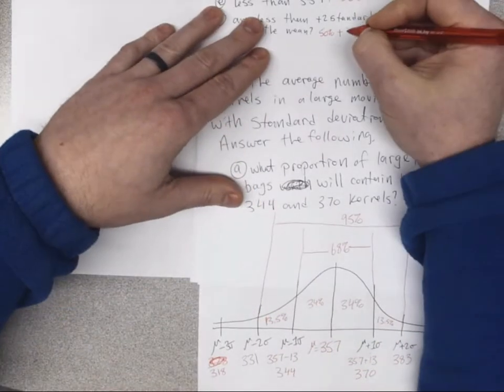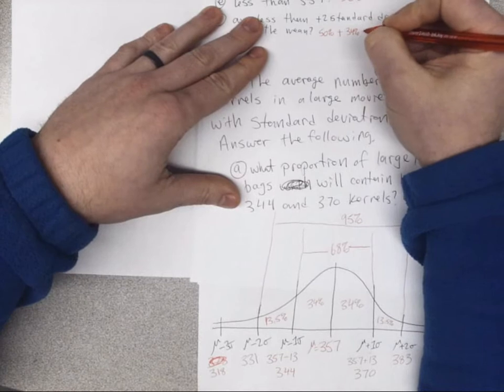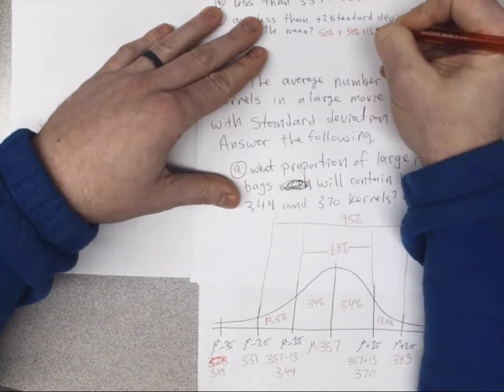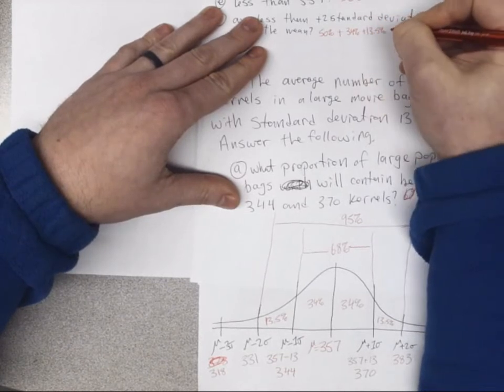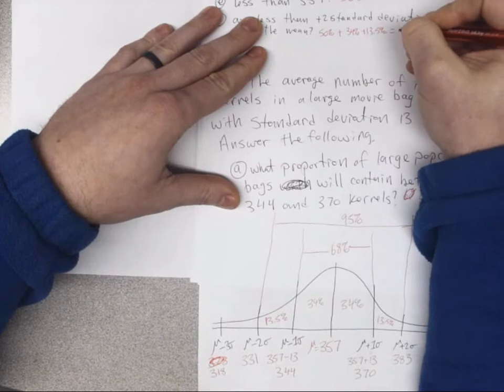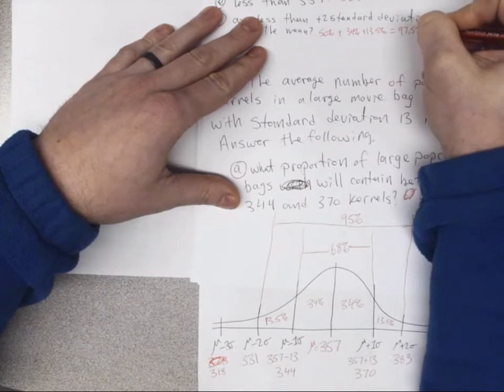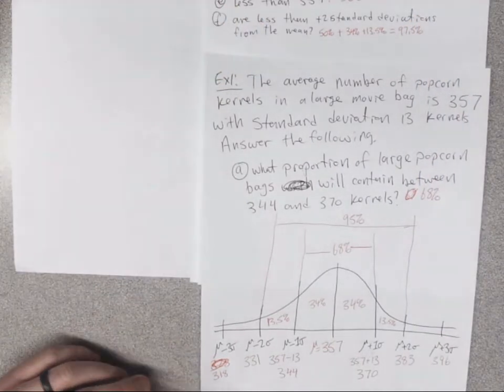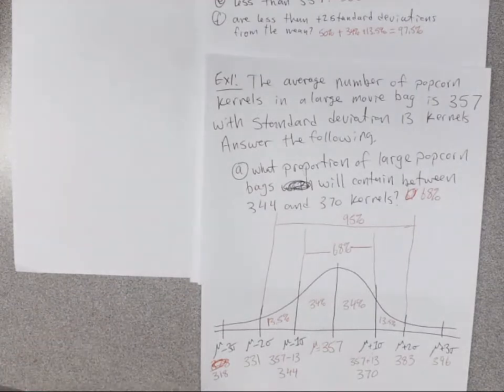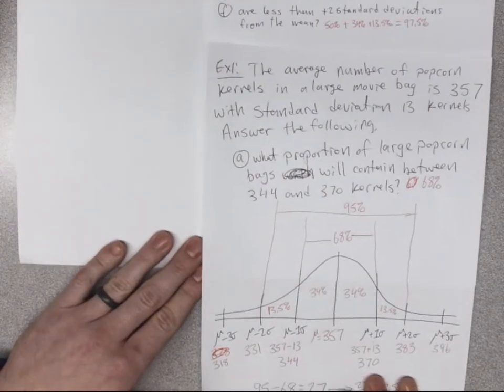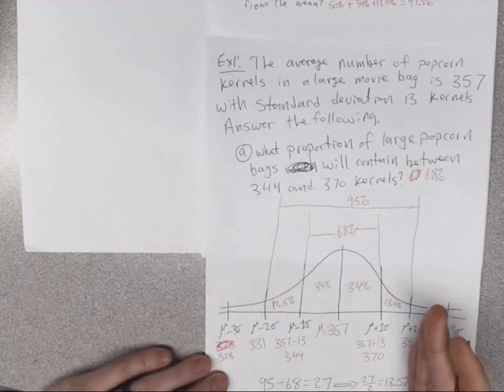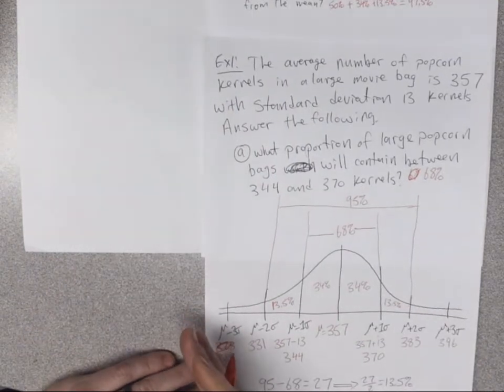So plus 34% and plus 13.5%. And that gets us 97.5%. So that's kind of what z-scores are finding. They're finding less than a certain value.